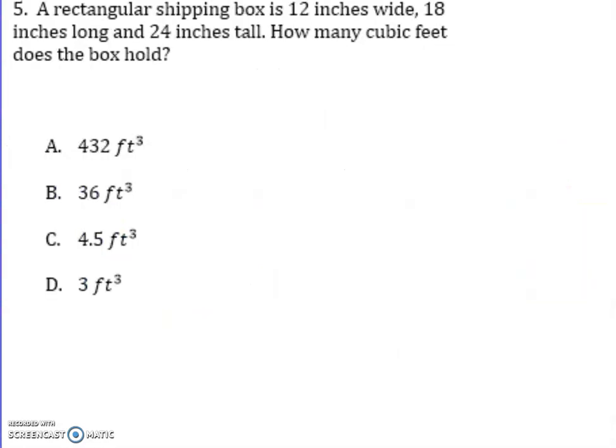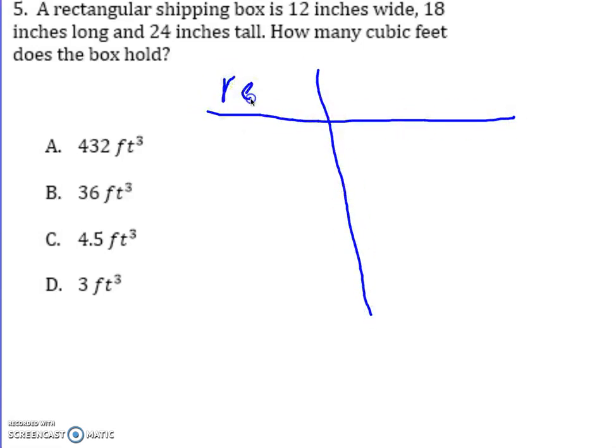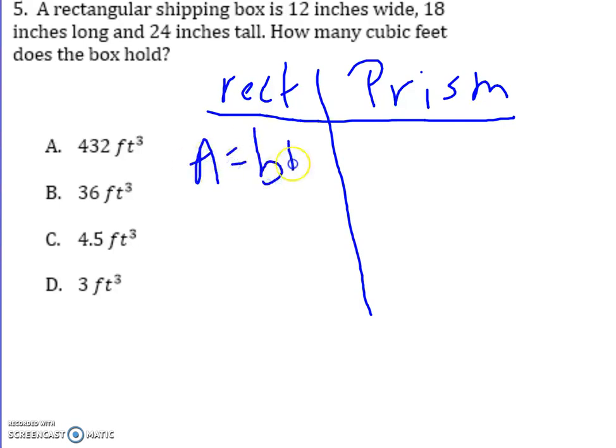On number 5, it says a rectangular shipping box is 12 inches wide, 18 inches long, and 24 inches tall. How many cubic feet does the box hold? So we have rectangular, prism. So we have area equals base times height. Prism is volume equals big B times H, height of the prism.